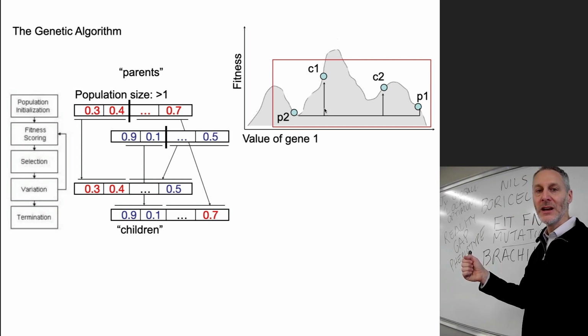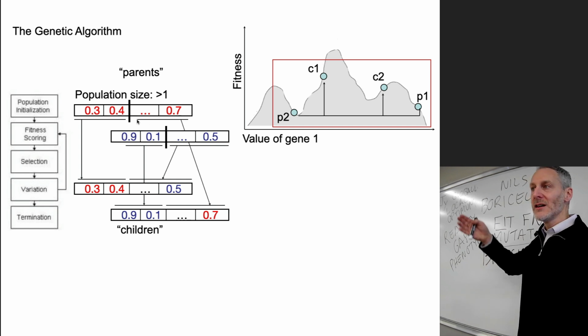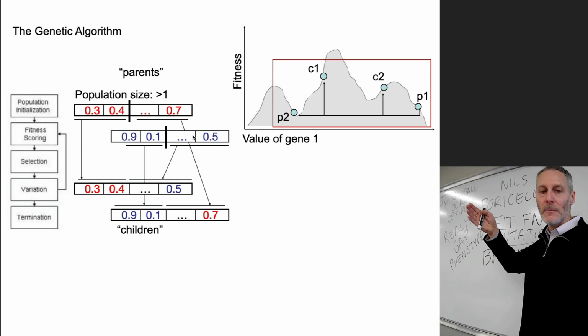So in my cartoon example here, we have P1 and P2. So here's P1 in red, P2 in blue, and I've randomly cut them at this particular point. I bring together the first two red values from P1 with the remaining blue values from P2, and that's C1.